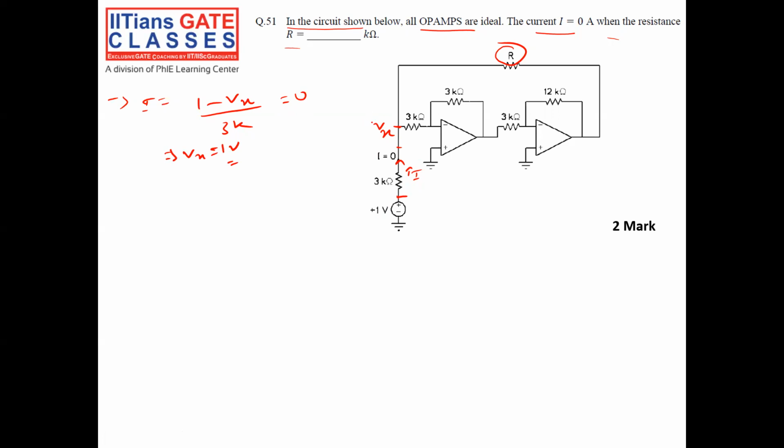Now what we have to do? This is an inverting amplifier. Here the output will be minus R2 by R1 into Vx. So the output V01 will be minus 3K by 3K into the input Vx.